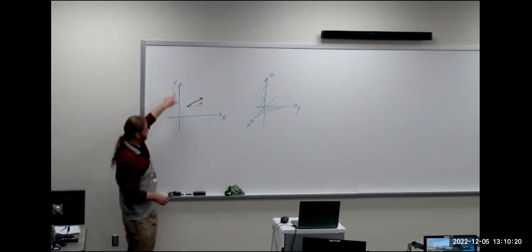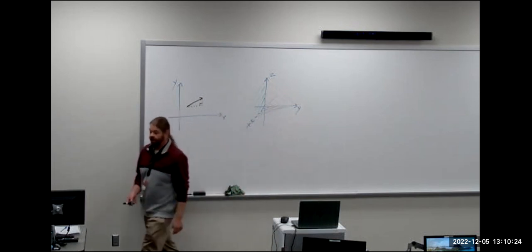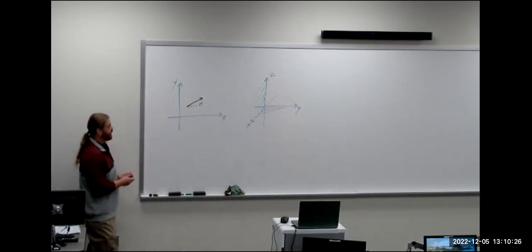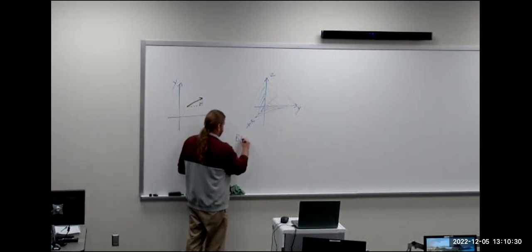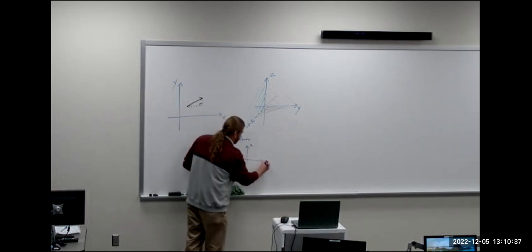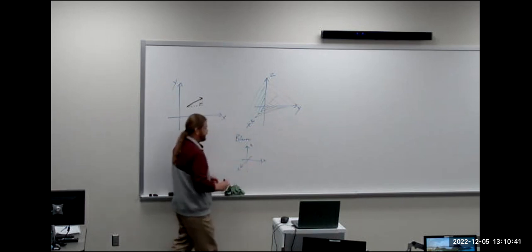Otherwise, a lot of stuff scales straight up. Our labels on the axes are arbitrary. I drew it in the math class way here. But in Blender, where we make our models, we have the z-axis going up, the x-axis going to the right, and the positive y-axis coming forward.